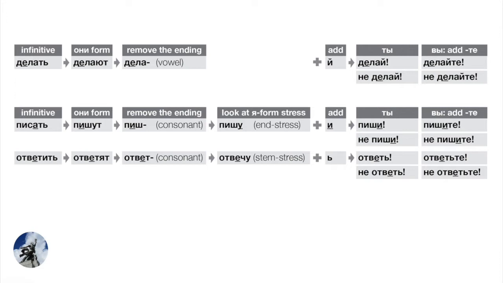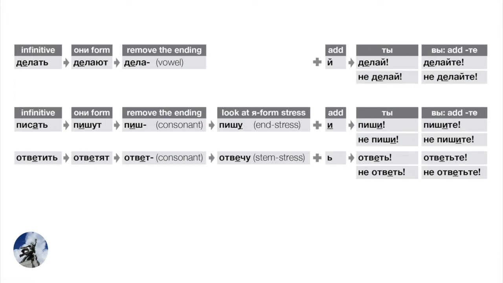That gives us ответь. Now вы, we simply add те, and we get ответьте. That can be a little hard to say at first. Ответьте. We negate it, не ответь, не ответьте.